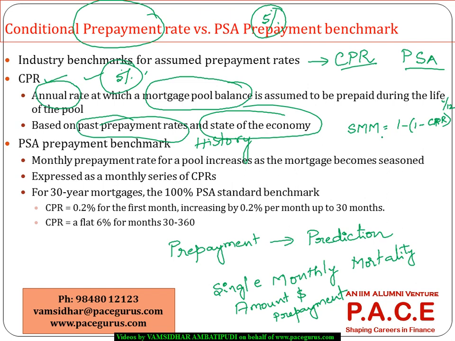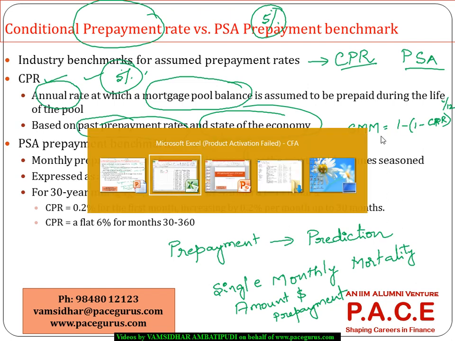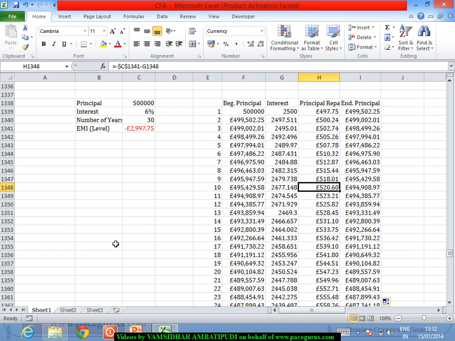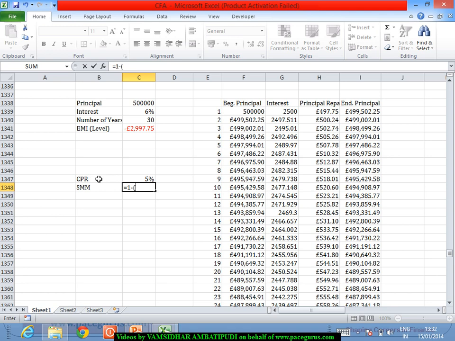If I am saying that the CPR is equal to 5%, the SMM, single monthly mortality, will come out as 1 minus (1 minus 5%) to the power 1 by 12.